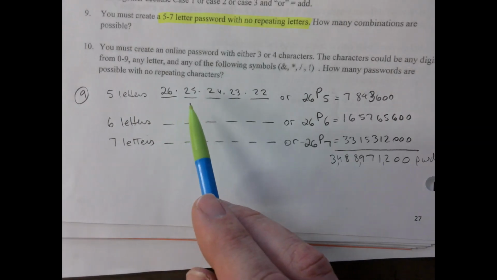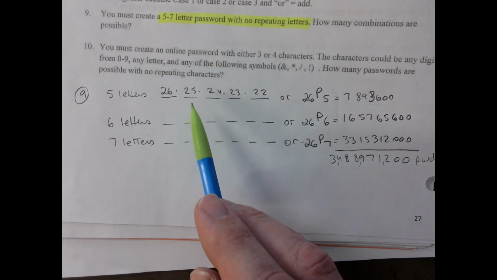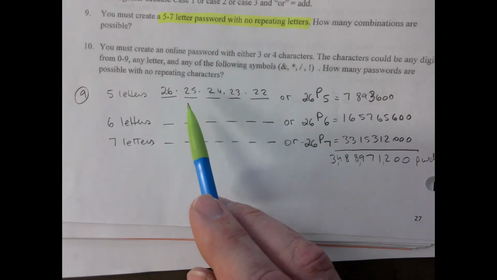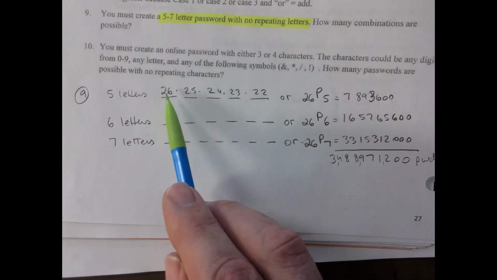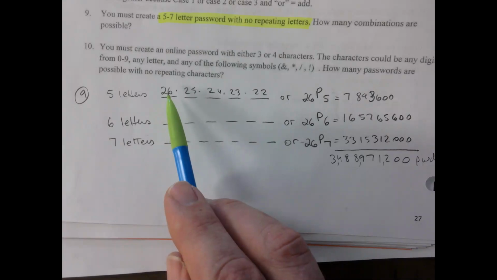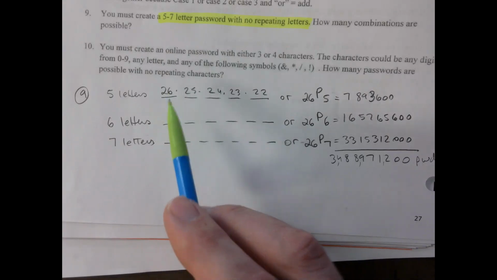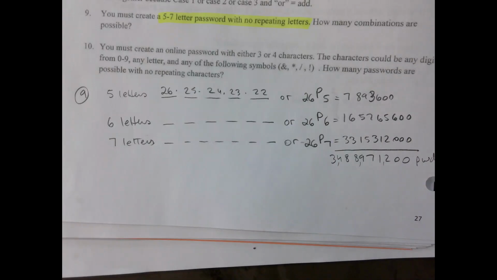Question. What if I had made this password case sensitive, meaning capitals and lowercase letters are different? How many options would I start with? You've got 52. So you've got 26 lowercase and 26 uppercase. Most of our passwords are case sensitive, I would say all of them nowadays.